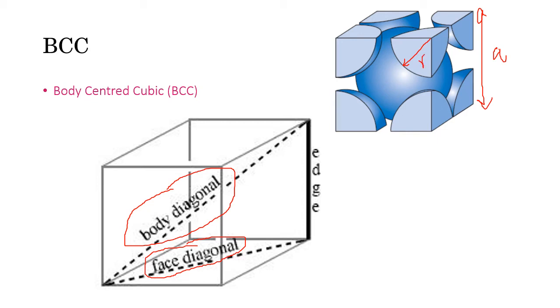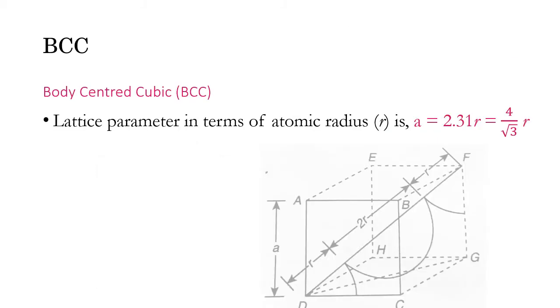Many times we need this relationship, and we want to find out a in terms of r, or maybe r in terms of a. So this is the relationship between the atomic radius r and the unit cell edge length a, and it can be easily derived by successive application of Pythagoras theorem.